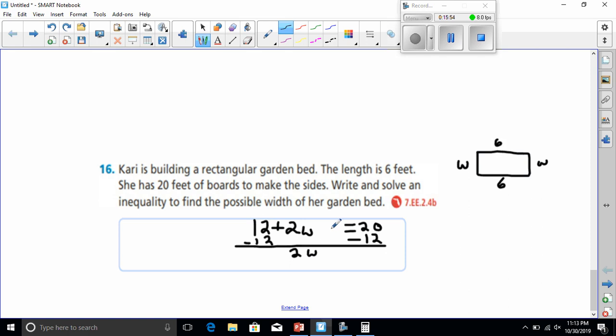So that means at most it could equal 20. So it could be less. All right. So that means this will be less than or equal to 20 minus 12 will give us 8. And now I will divide by 2 to get W by itself. And 8 divided by 2 is 4. So this will tell me, since I didn't divide by a negative number, the answer is W is less than or equal to 4.